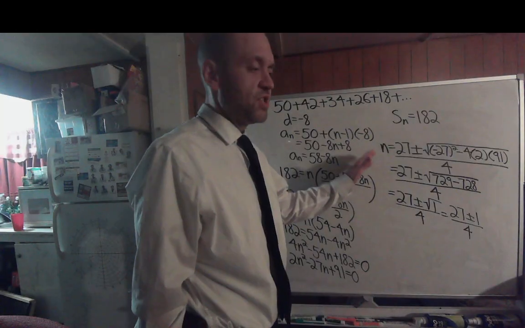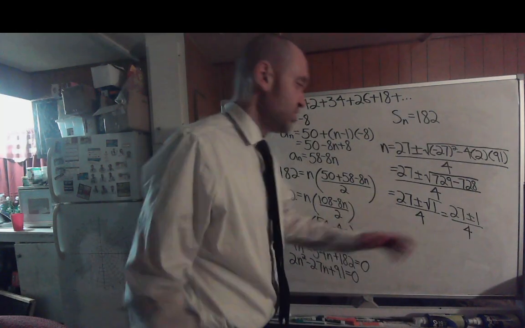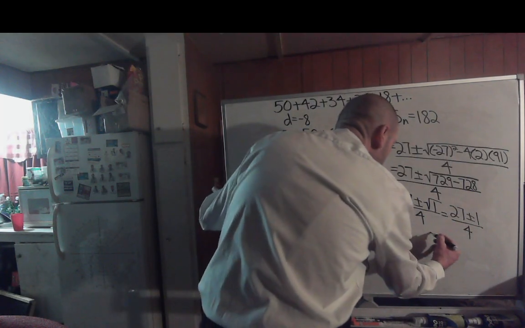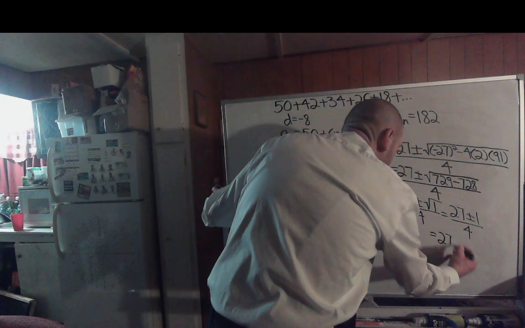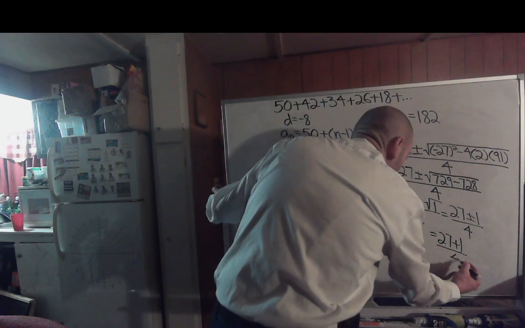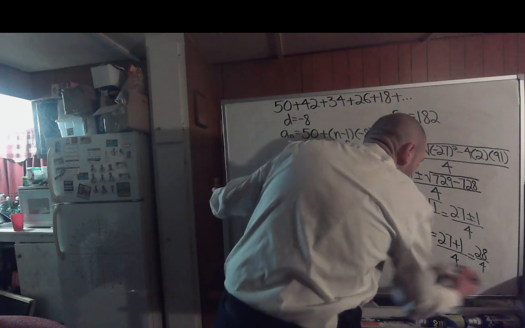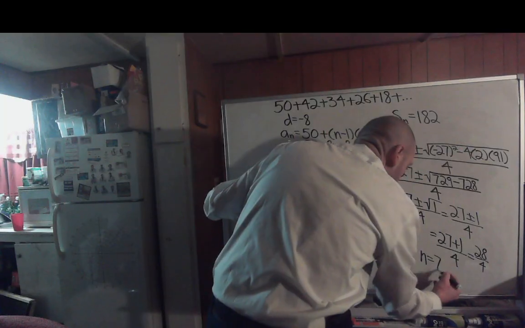For finding a term, you can only have integers. So that means we have to do 27 plus 1, which would end up giving you 28 over 4, which means n equals 7.